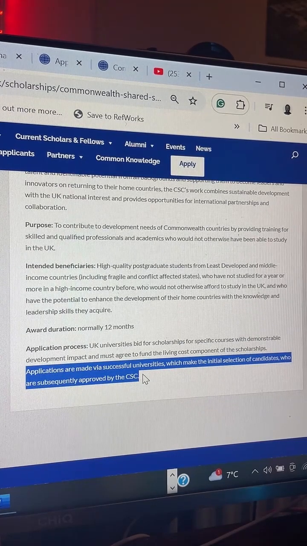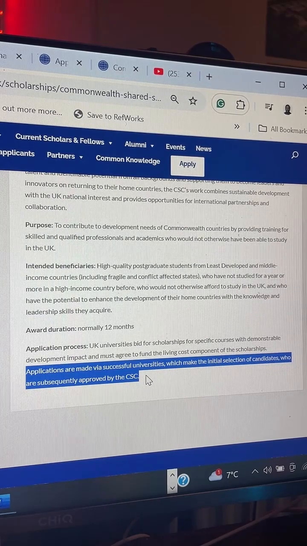In a short while, we will be looking at the universities that are approved to be part of this scholarship. Applications are made via successful universities, which make the initial selection.